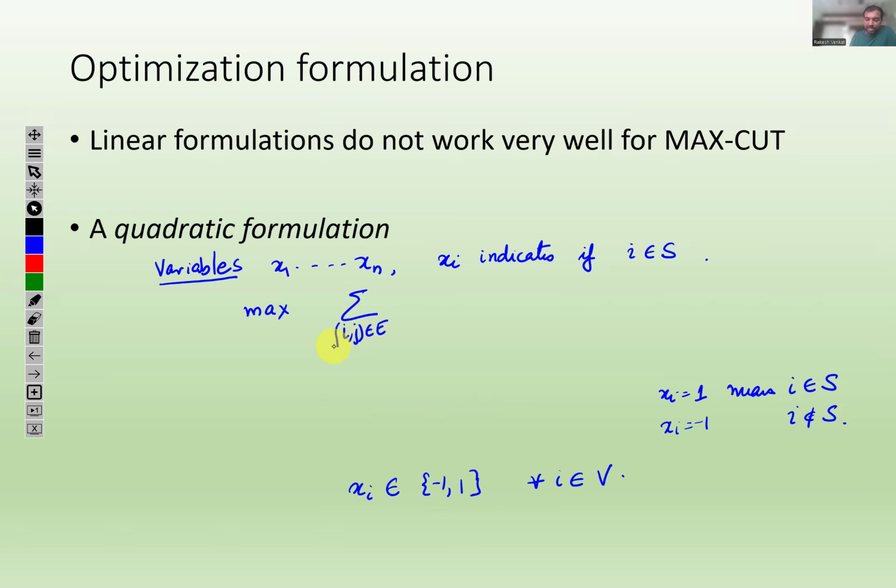I need to find out which edges are cut, and every edge that is cut should contribute 1 to the objective value, so that when I sum over all the edges, I get the cut size. I'm going to write this out and you can verify that this indeed does measure it. I claim that this objective function, subject to x_i being -1 or 1, exactly captures the max cut value in the graph.